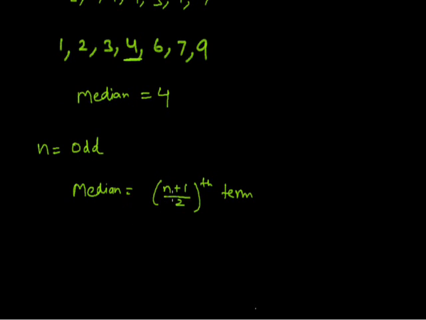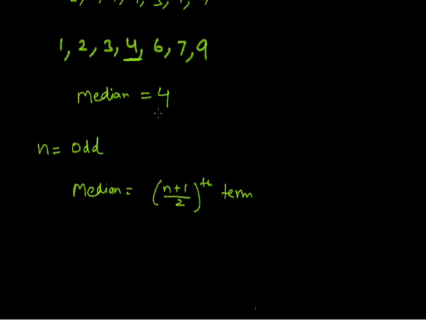In the last example, n is equal to 7 because 7 observations are given, so our median will be the (7 plus 1) by 2, that is, the fourth term. As you see, the fourth term here is 4 after arranging in ascending order.